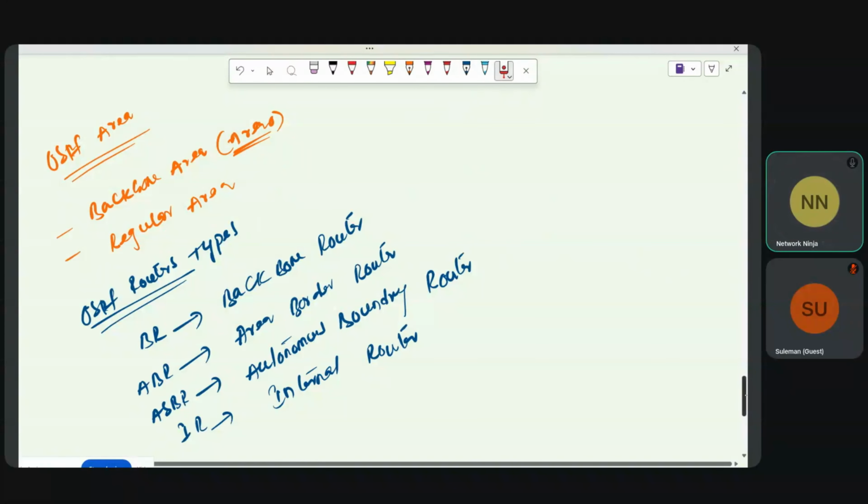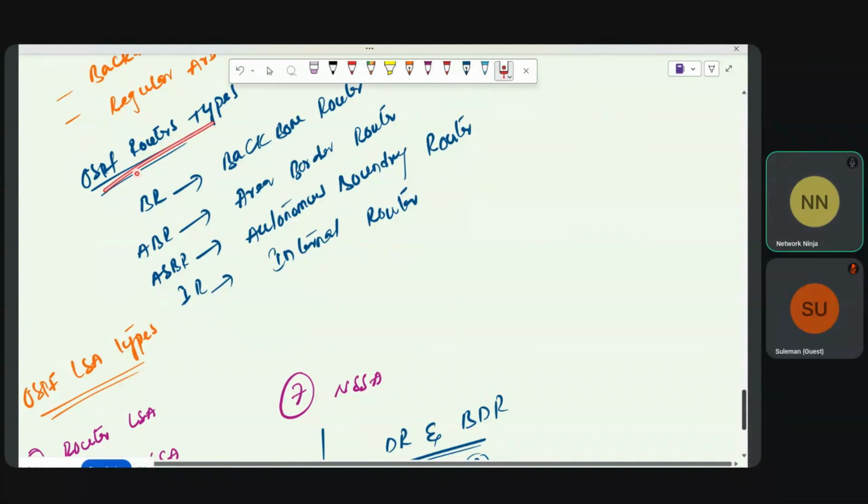And in the OSPF router types, we have the backbone router and the ABR, area border router, which is responsible for joining 2 different areas. And the ASBR, autonomous system boundary router, is responsible for joining the communication between 2 different routing protocols.